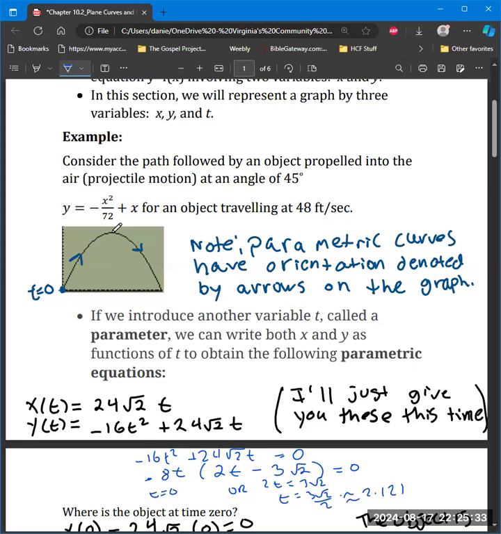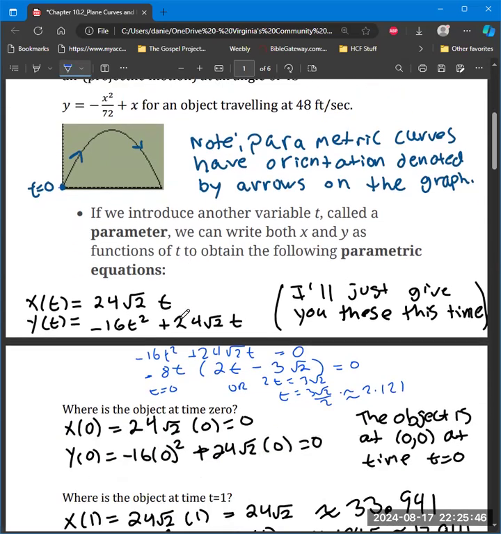If I started observing it up here and I wanted to know how long ago it took off, then an answer of negative time kind of makes sense because I'm saying it happened this many seconds or this many minutes or this many hours ago, and that would make sense in that context. But typically we have t equals 0 as our initial point over here, and we don't have any of our curve to the left of that.